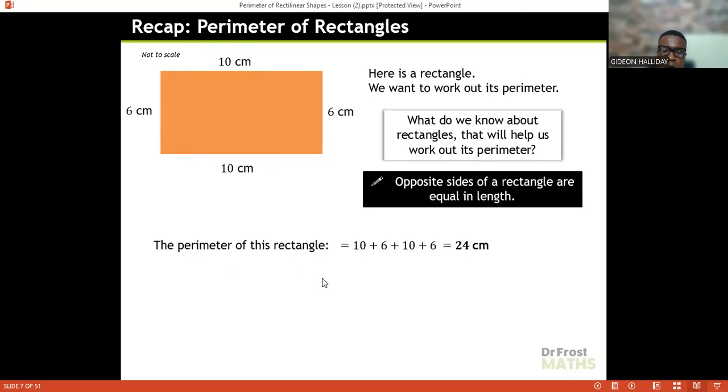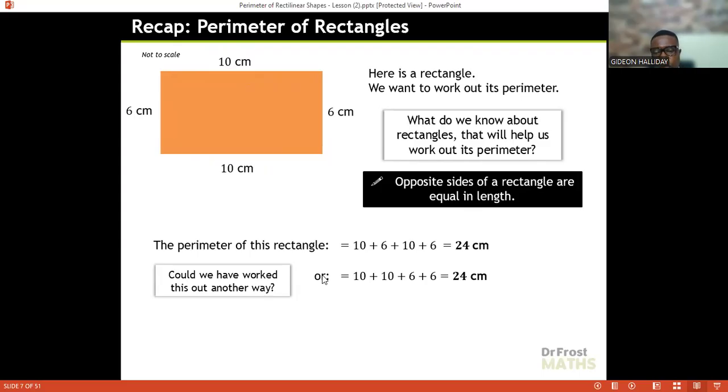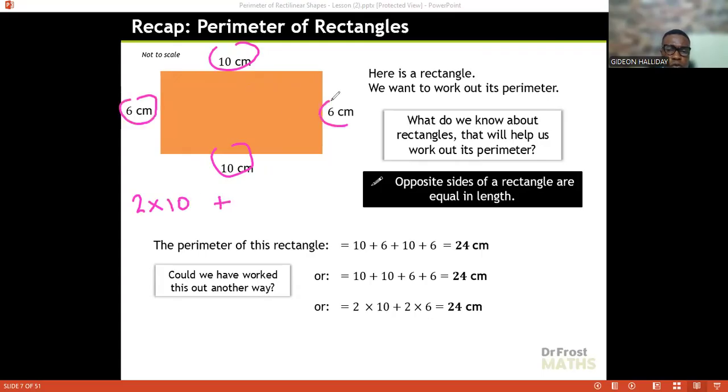Of course, we could do it another way, an easier method. So 10 plus 10 plus 6 plus 6, right? Or since there are two tens, we could do 2 times 10 plus, and then there are two 6s, 2 times 6, right? That makes a lot of sense, right?